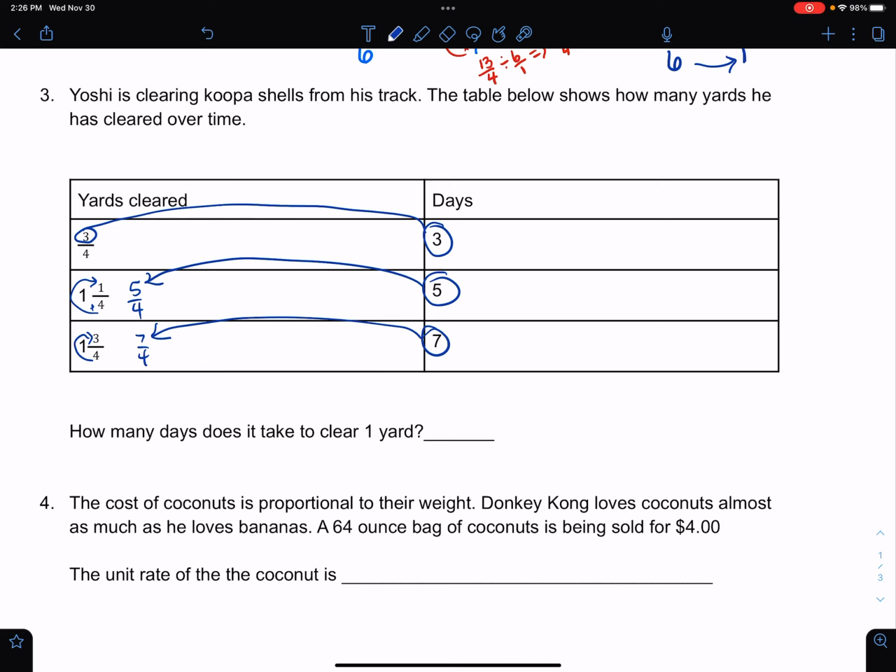But there were students that figured out that you got 1/4 over here that went with 1. They figured out the pattern that went with that. 1/4 went with 1. So again, I think that because my brain has seen this problem done differently, that's why. But that is what some students saw, was that, well, if it took them 3 days to do this, then, and I couldn't argue with them.